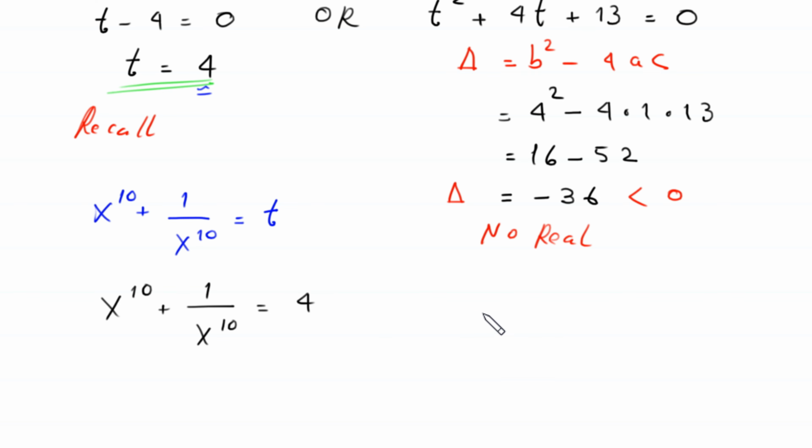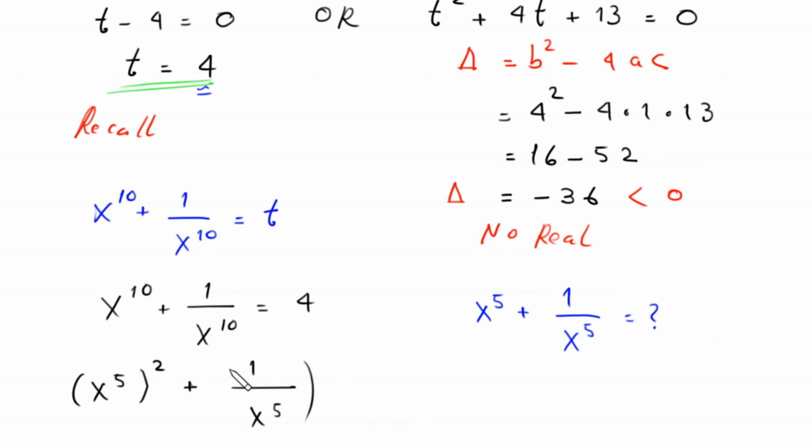Now because we have to find the value of x to the power 5 plus 1 over x to the power 5, we can rewrite this x to the power 10 as x to the power 5 whole squared plus, and we can rewrite this 1 over x to the power 10 as 1 over x to the power 5 whole squared is equal to 4.